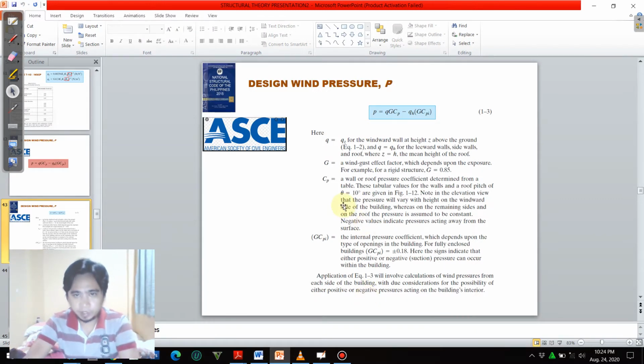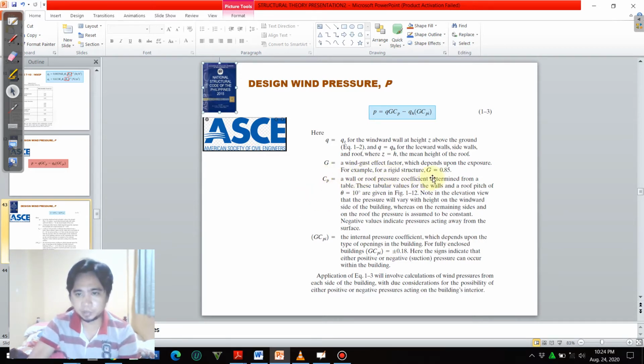We have also various variables here that we need to determine. Of course, the values of these are present on the table set. This is found in the ASCE, or American Society of Civil Engineers, as well as adopted by NSCP locally. So G is the gust effect factor.